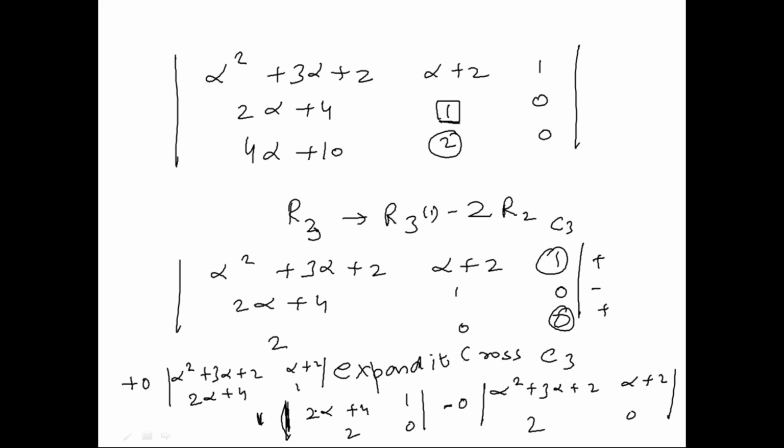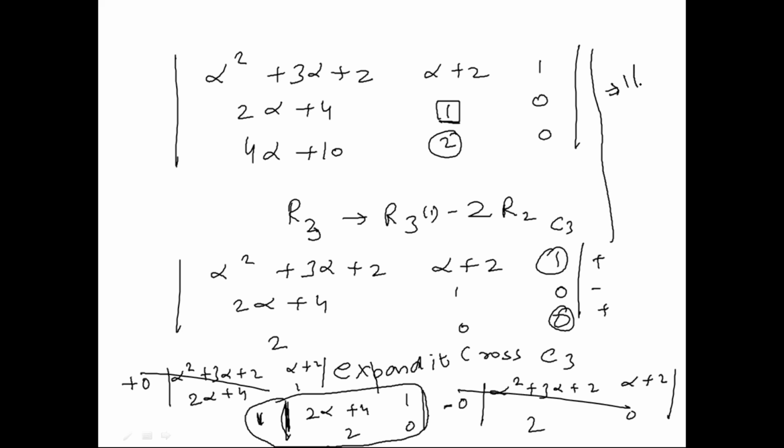Okay. So on solving this, this part becomes 0, and this part becomes 0. So we have to only solve this thing. This will become 1, 2 alpha plus 4 into 0 will be 0, and 2 into 1 will be 2.